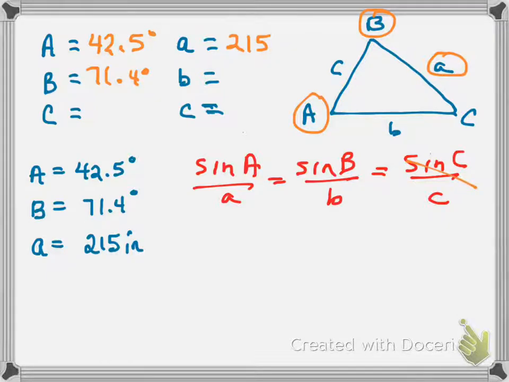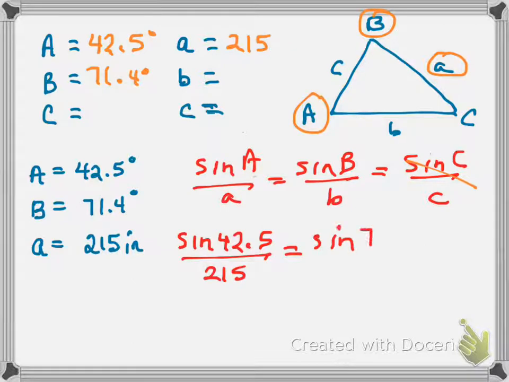So the sine of 42.5 over a, which is 215, is equal to the sine of angle B, which I know, it's the sine of 71.4 over lowercase b, which I do not know.